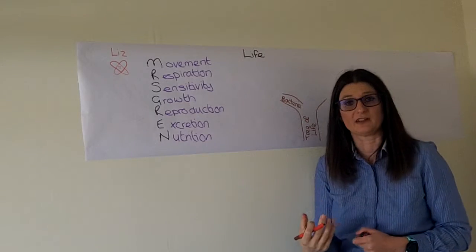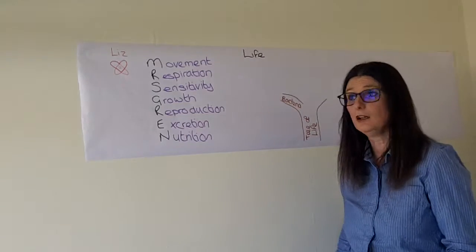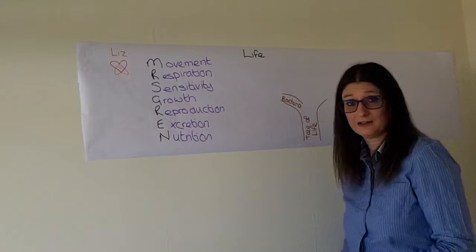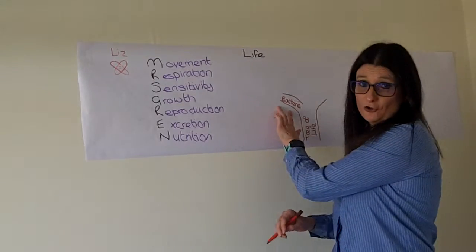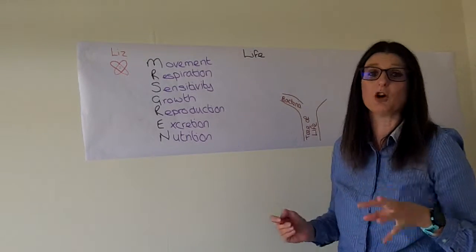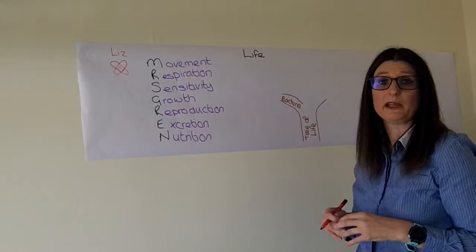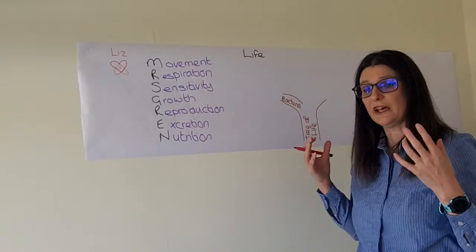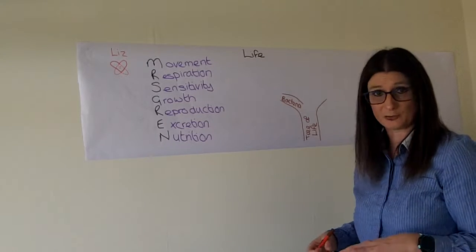Lots of people think of bacteria as being the bad guys, things that make you ill, but actually that's only a minority of them. Bacteria are the most abundant life form on Earth, and they make up a lot of the soil. They're on surfaces, they're on our bodies, they're inside our bodies.